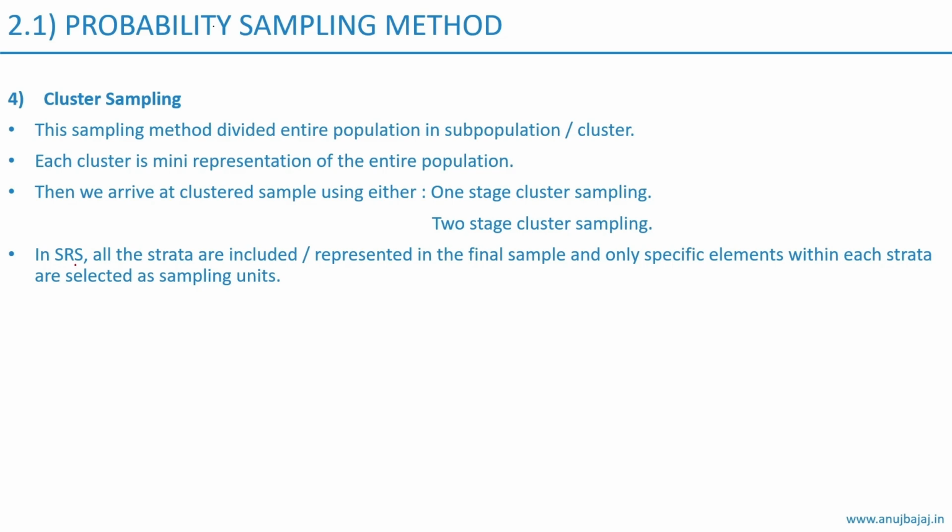In stratified random sampling, all the strata are included or represented in the final sample, and only specific elements within each stratum are selected in the sampling unit.